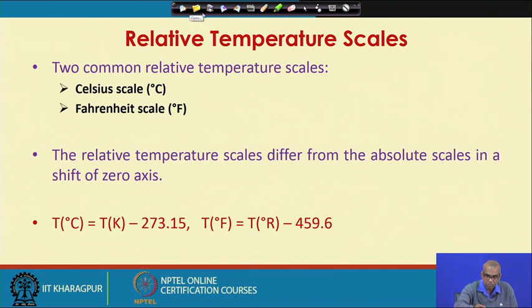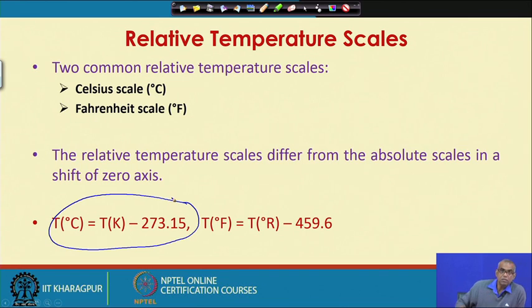So, the relationship between Celsius and Kelvin is this: temperature in degree Celsius is temperature in Kelvin minus 273.15. You have to subtract 273.15 from the Kelvin temperature to get the temperature in degree Celsius, or if the temperature is given in degree Celsius, you have to add 273.15 to get the temperature in Kelvin.